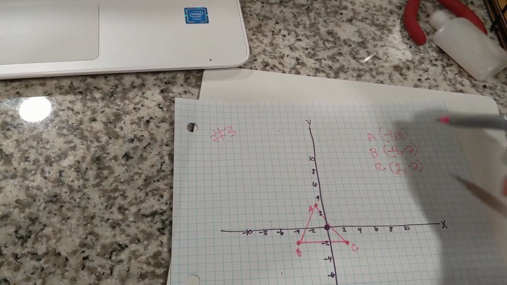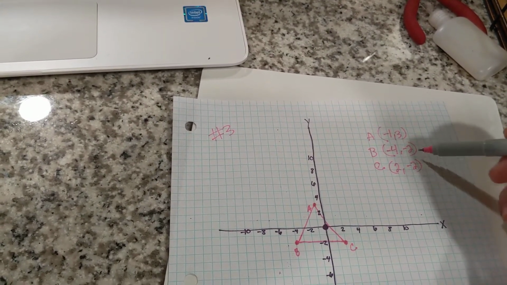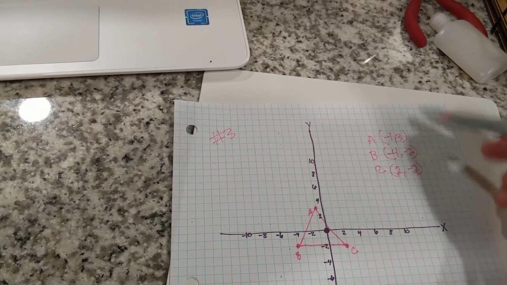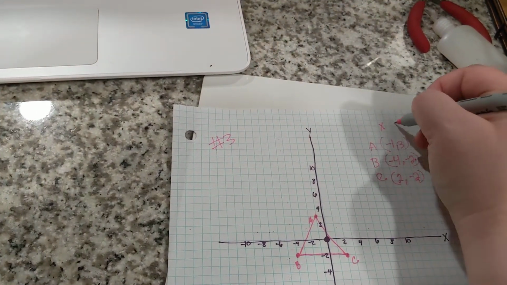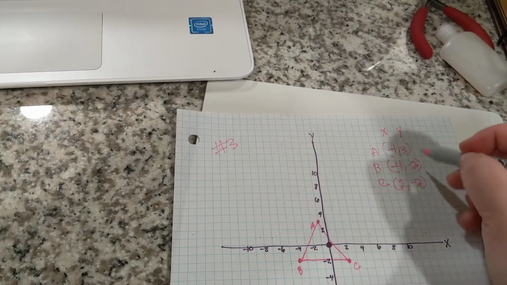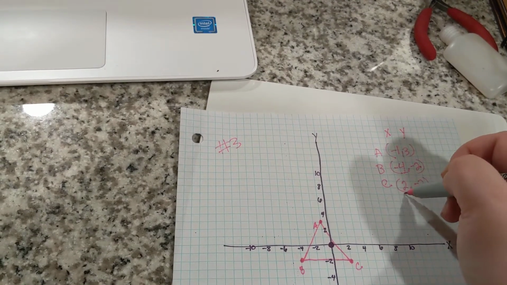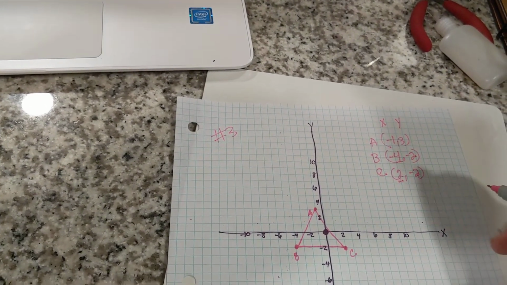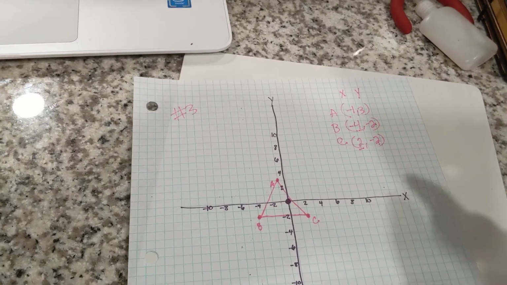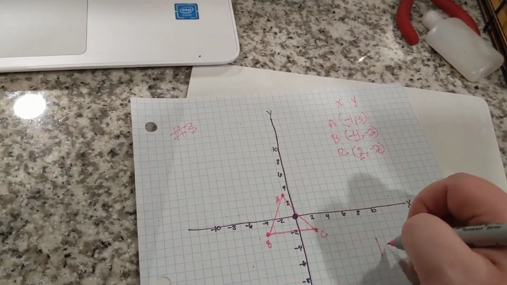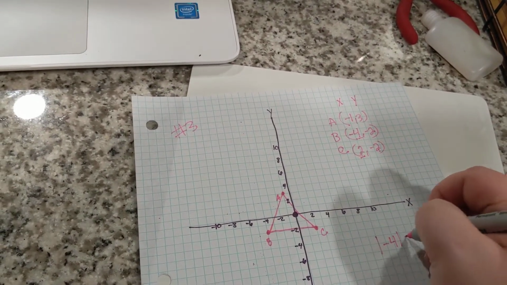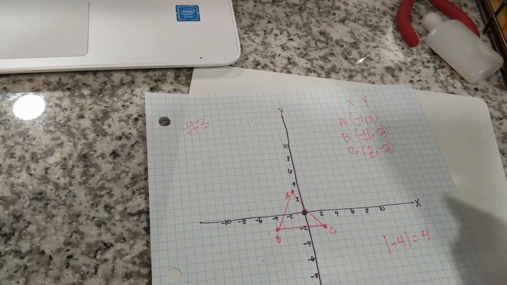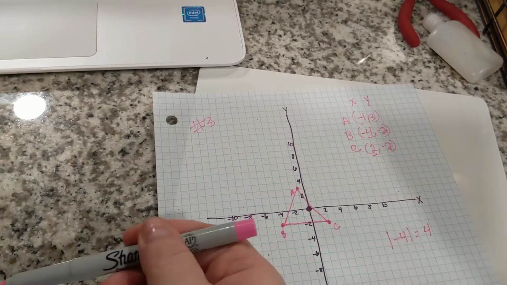So do you see how B and C have the same y? Remember, this is my x right here, this is my y. So I want to take my x's and see what my absolute value will be. The absolute value of -4 is 4. That tells me -4 is 4 spaces from 0.